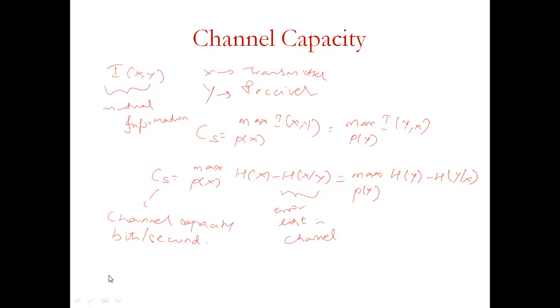CS is measured in bits per symbol. We can also measure the channel capacity in bits per second by multiplying CS with R, which is written as capital C. Here R is the rate at which the message is generated.